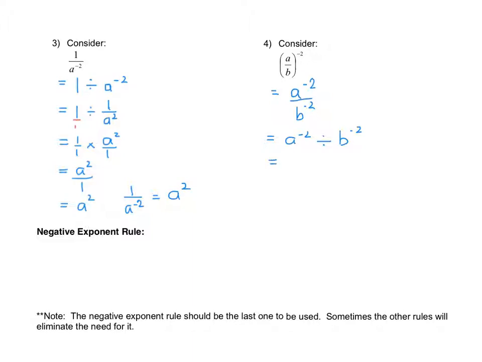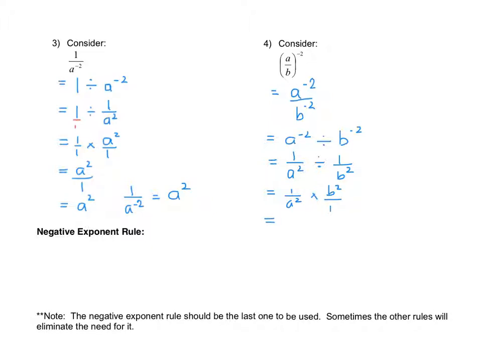Now what I'm going to do is change what I know. I know a to the exponent negative 2 should be the same as 1 over a squared, and that's going to be divided by b to the negative 2, which should be 1 over b to the 2. And then I'm going to change that to multiply by the reciprocal. 1 over a squared gets multiplied by b squared over 1.